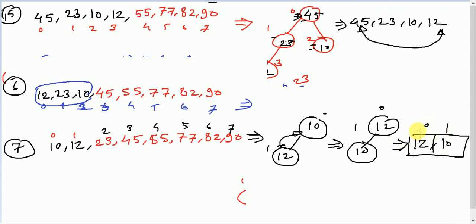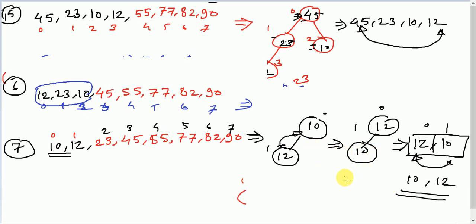Now once we make the array, we go for swapping: 10 will come here and 12 will go here. Even though these are in sorted order, we keep calling Heapify till only one element is remaining. So we have done this arrangement.